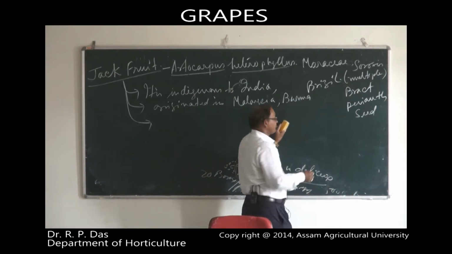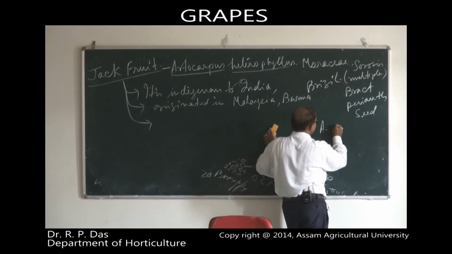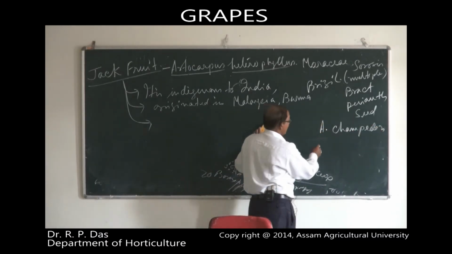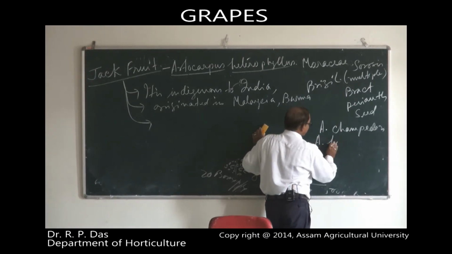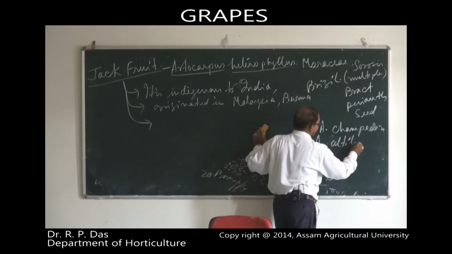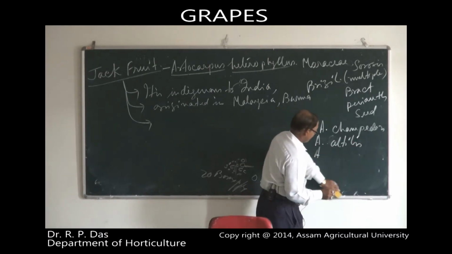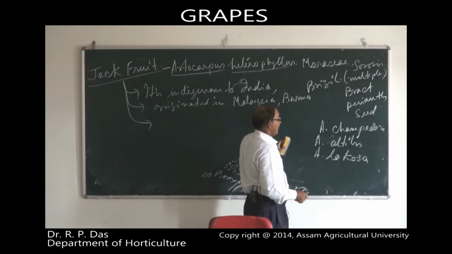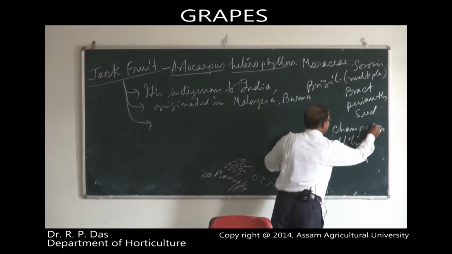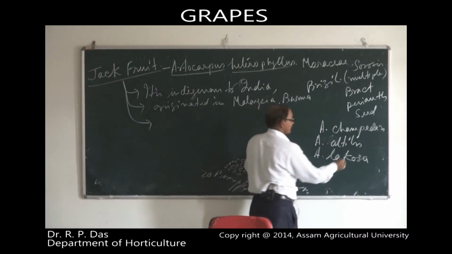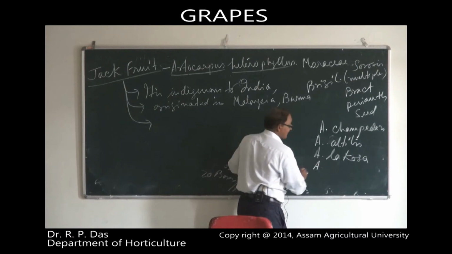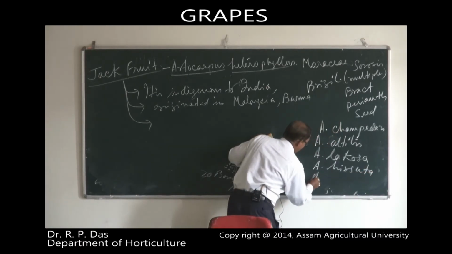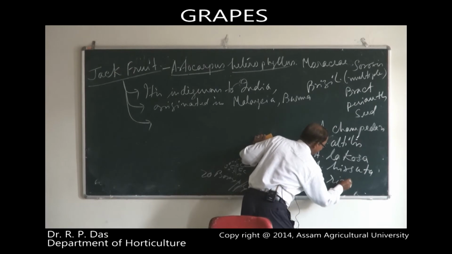In these areas, they are Artocarpus sempeden, Artocarpus altilis, Artocarpus lacosa, Artocarpus hirsuta, Artocarpus rigidis.